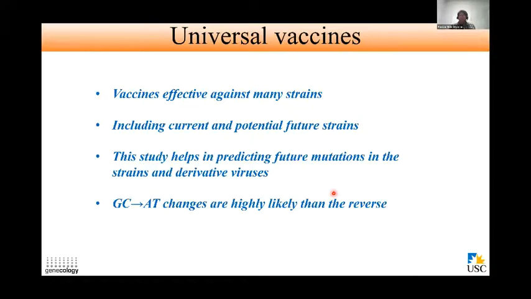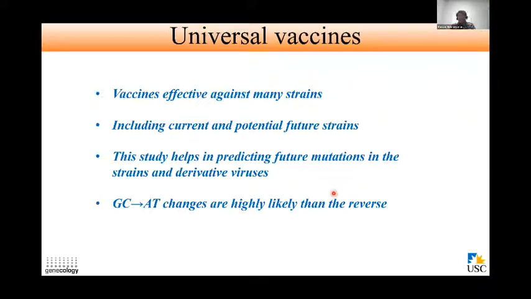Overall, what are the applications or implications of this kind of study? Right now, the importance is to develop vaccines that are effective against many strains, not only the current strains, but also the future strains that derive from the current strains.